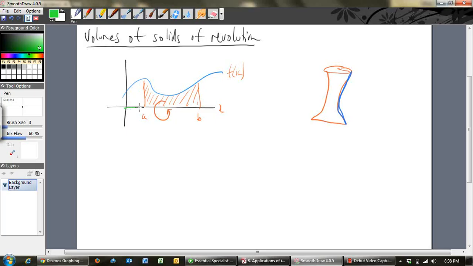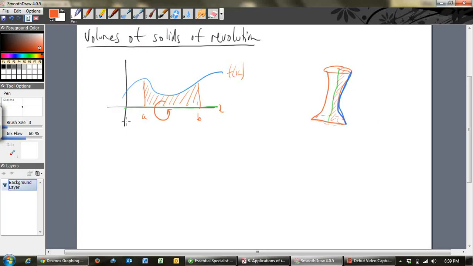The green axis will be straight down the center of that. Maybe from the bottom might help. So what's happened is that red area there, that shaded in part, has been rotated around, and so you end up with this three-dimensional shape.